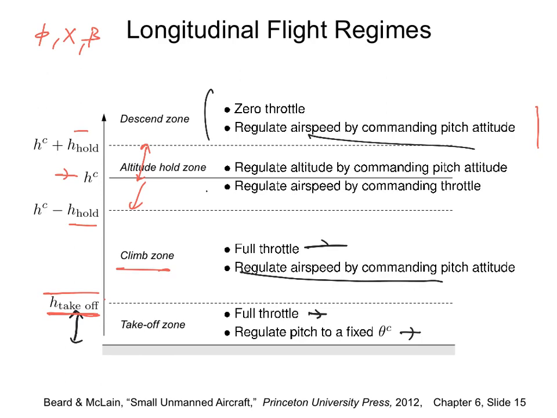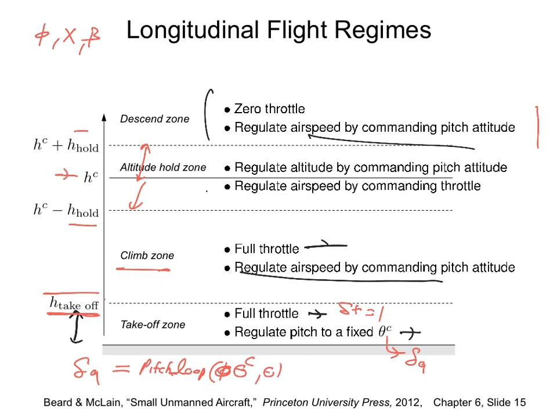So basically in the takeoff zone your delta T equals 1, right? So that's the full throttle, and you have to control whatever desired theta C is, and that theta C can be controlled using delta aileron. So you will have a roll loop, a pitch loop, which will have the output as delta aileron and the input will be theta C and theta.